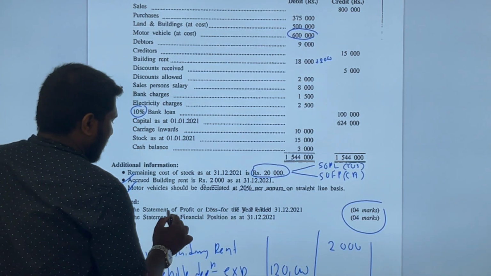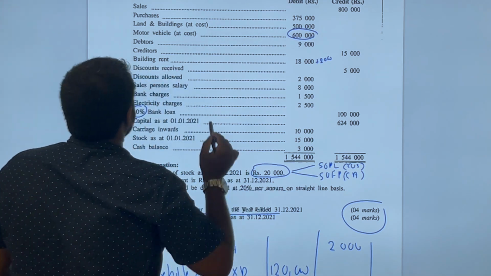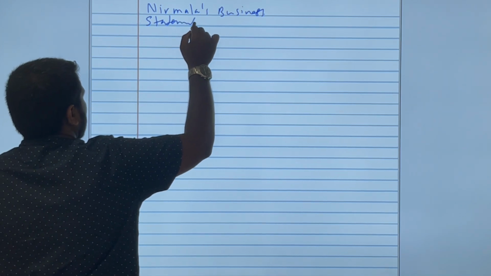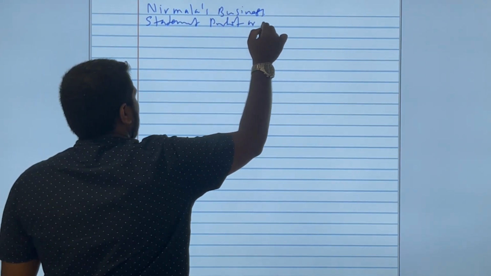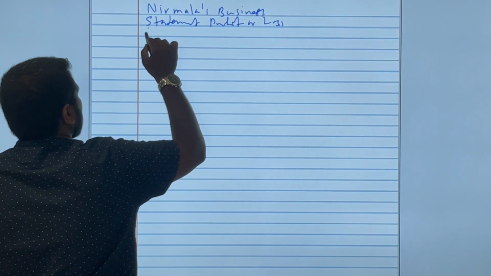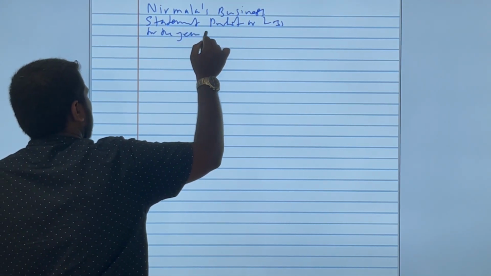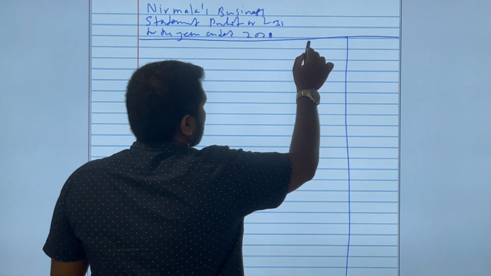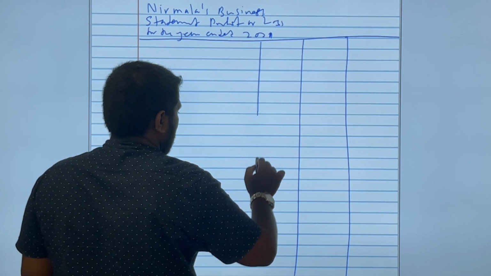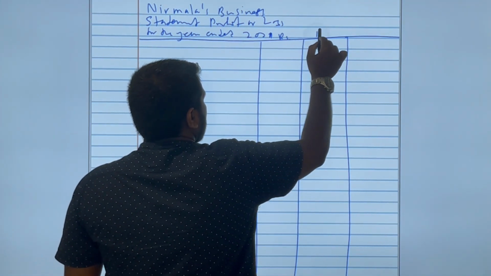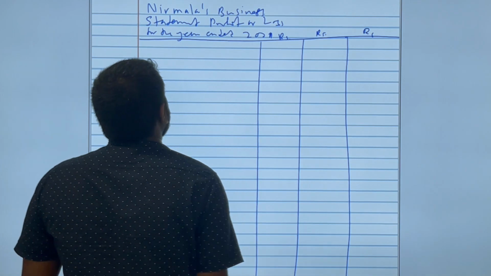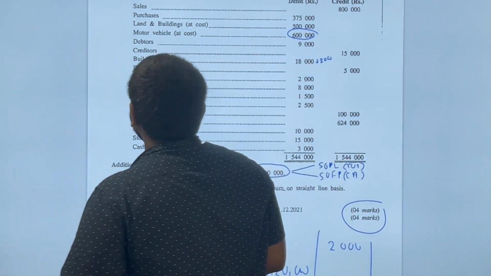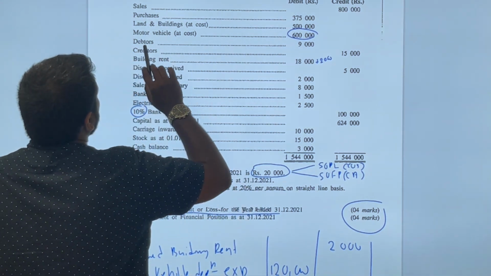First we have to prepare the statement of profit or loss for the year ended 31st December 2021, in rupees. So let me write the classification also, each and every item. So we'll prepare the income statement.